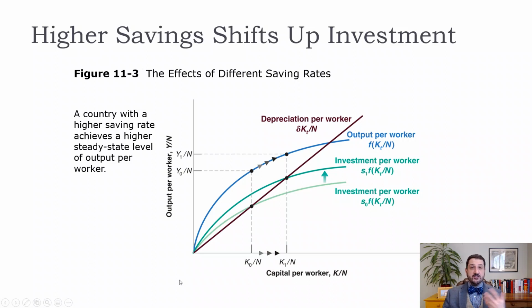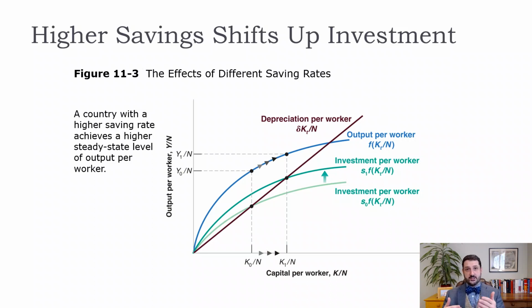So if the savings rate does increase, right? So say the economy goes from a savings rate of 10% to 20% or 20% to 30%, then we'll get a shift up in our investment per worker, right? These green lines. And so the pale green line is our original savings rate, and the darker green line is our new savings rate. And so initially, our equilibrium is this level K0 over N, and output is Y0 over N. And then the increase in savings rate increases capital per worker because now we are investing more than is depreciating every year.